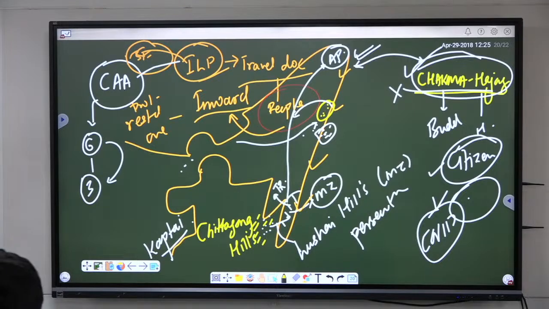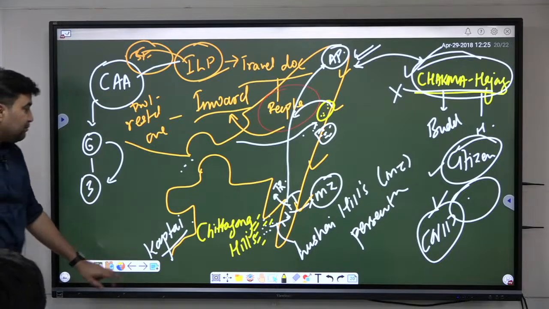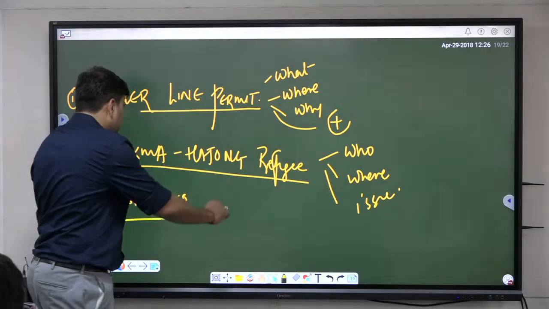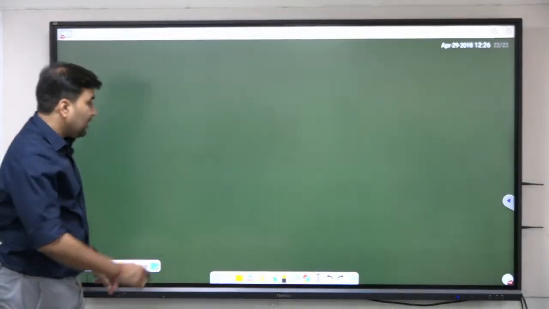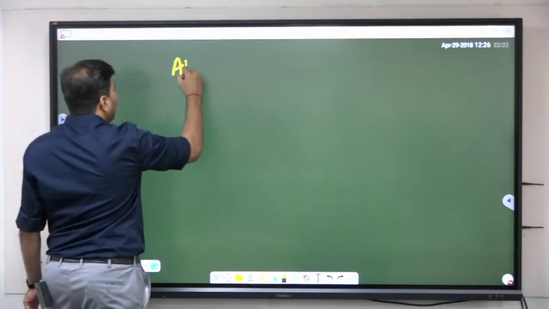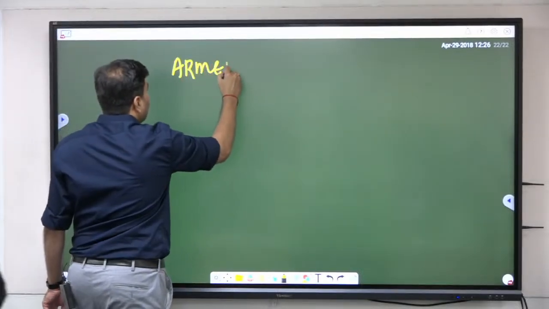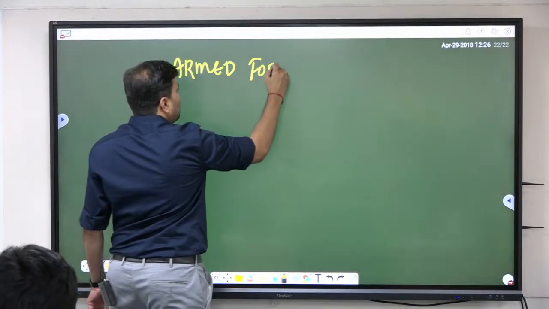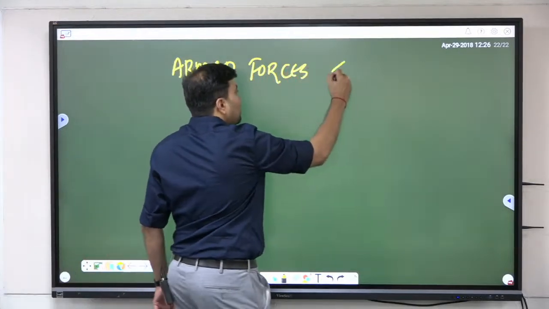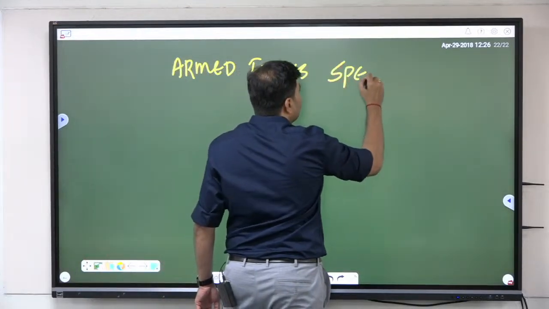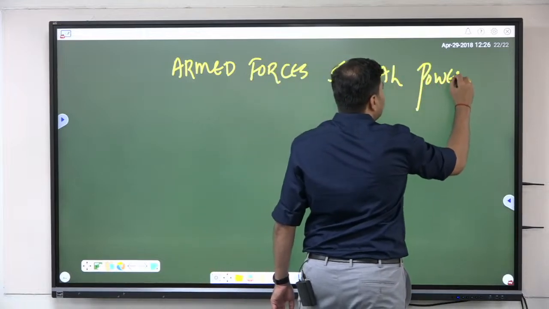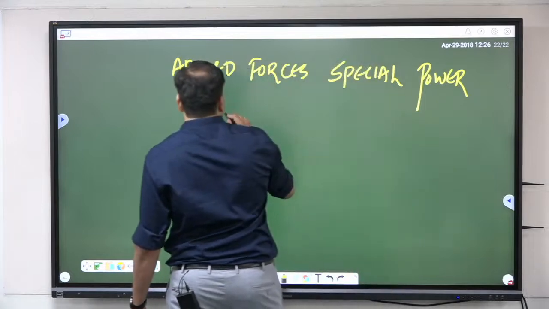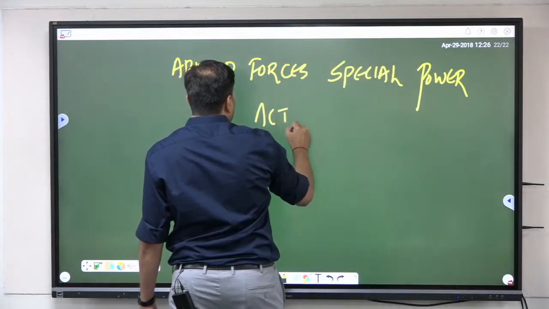Now let us try to understand yet another issue which is very important for the examination, that is AFSPA. Is it clear? Have you heard about it? Write the heading: Armed Forces Special Power Act 1958.